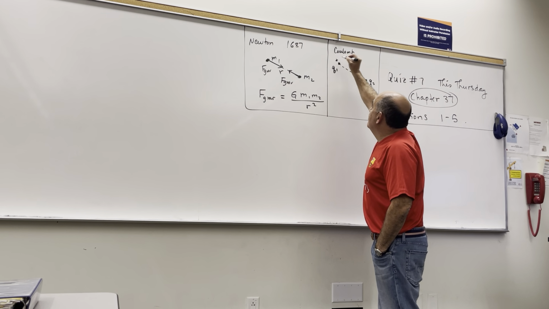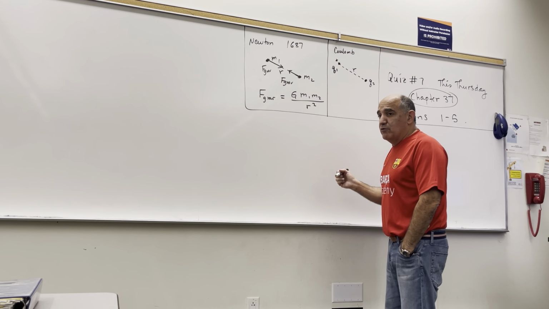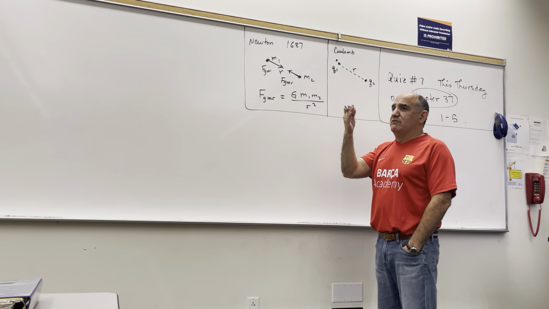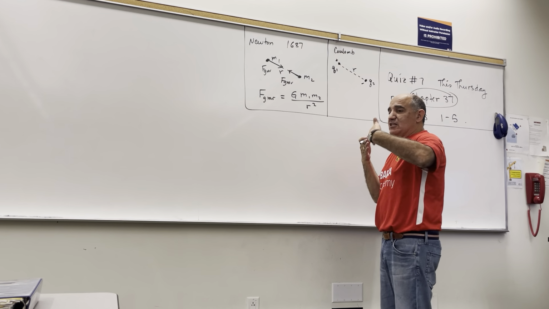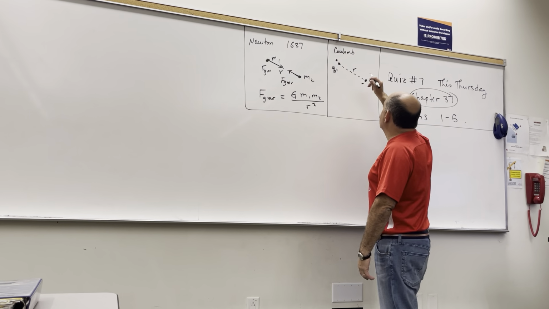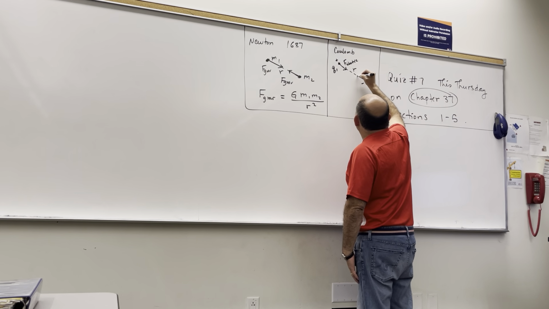In the case of the charged particles, we know that both of them can be positive, or both of them can be negative, or one of them can be positive and the other negative. And what we remember is that if the charges are opposite, they end up attracting. So if this is plus, this is minus, they end up attracting. And that's an electric force, and it's the same magnitude as the force felt by the other one.